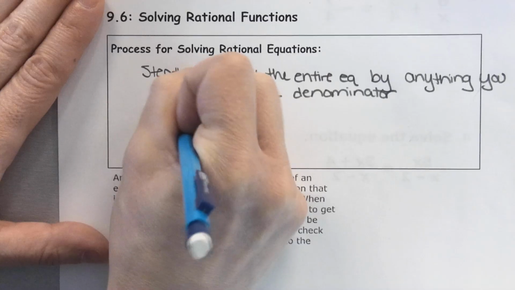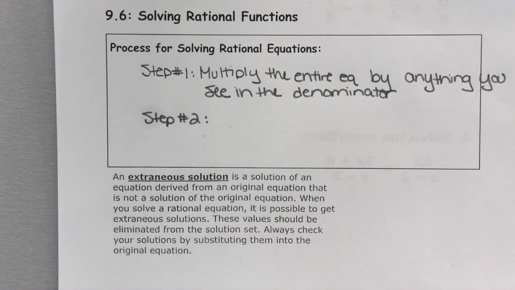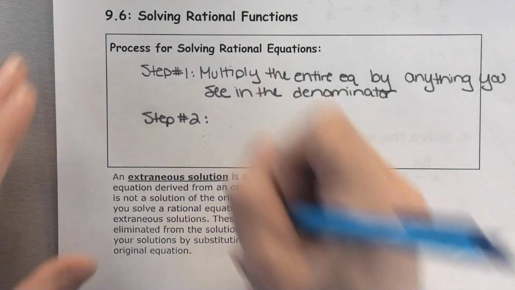At that point, if you've multiplied by all the things that are in the denominator, it should cancel out the fact that you have fractions. So once you do step 1, you should find you have no fractions remaining. Okay, so step 2 is going to be to solve the equation.